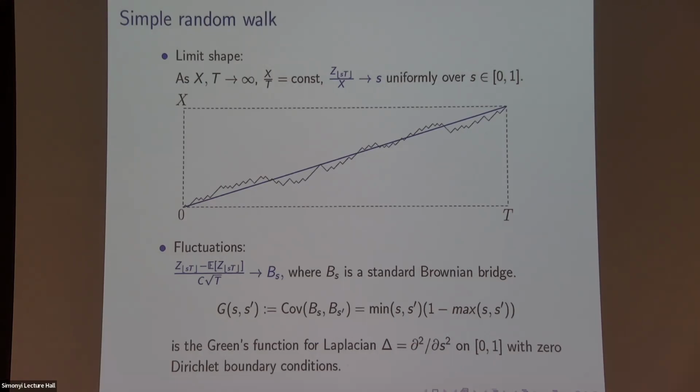Okay, so this was a toy example about the limit shape and fluctuations. And now the height function we can somehow think of as a two-dimensional version of the simple random walk. So we have some integer valued function, which is now defined at all vertices of our tiling configuration.